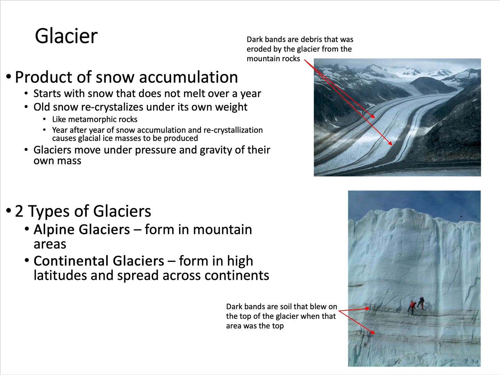There are two types of glaciers. We've got alpine glaciers, which is the most prevalent type of glacier in the United States. We've got several small remnants of glaciers and small glaciers in places like Glacier National Park in Montana.